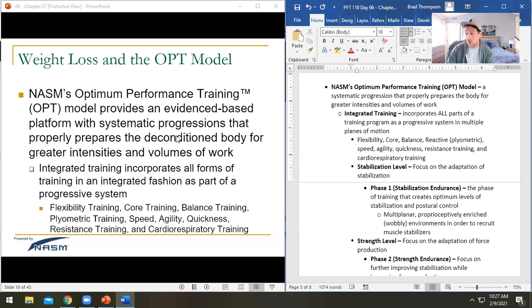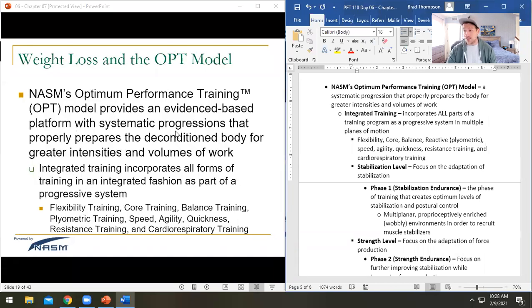The same thing is true of your lifting intensities. You want to start at a relatively low intensity and work your way up slowly every week. This is where we use NASM's OPT model.